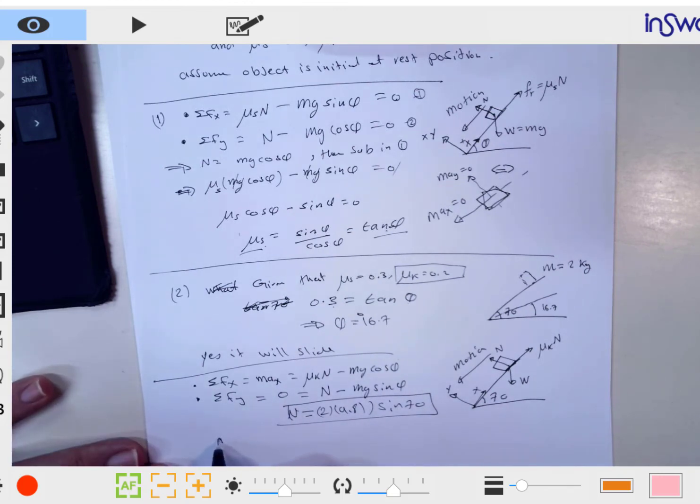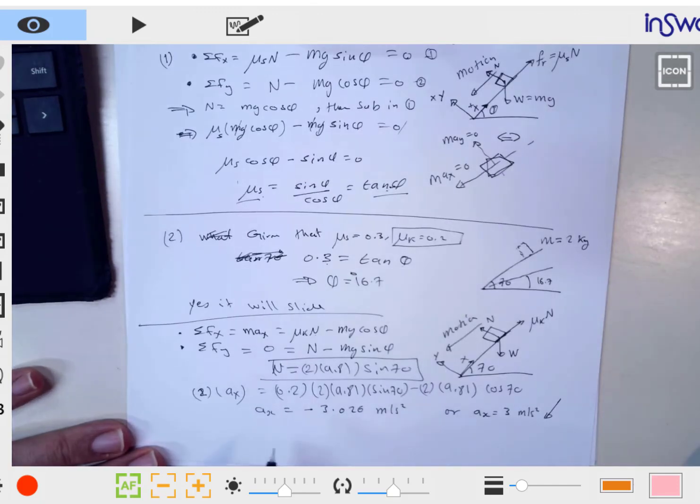And then I'll substitute that over here and calculate the a x. So this is 2 times a x equal 0.2 times the N minus m, which is 2 times 9.81 times cosine 70, right? So a x can be calculated.